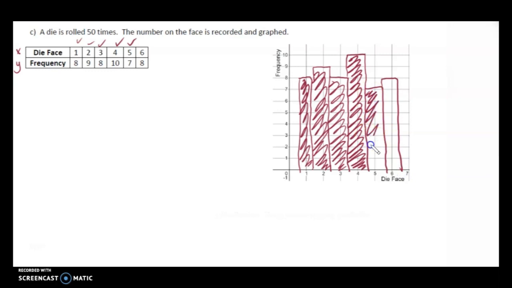Okay? If we look at this and we smooth it out, yes, we can go like this. However, these are so close together, they're all within 1 or 2. I'm going to call this a uniform distribution.